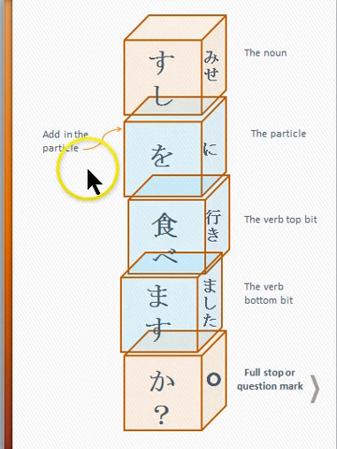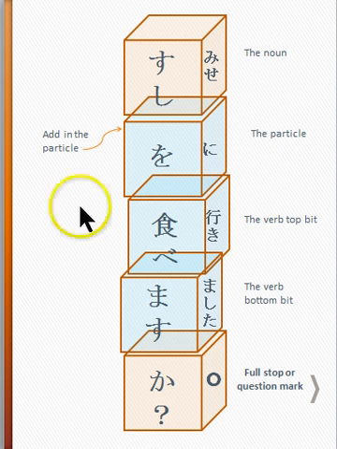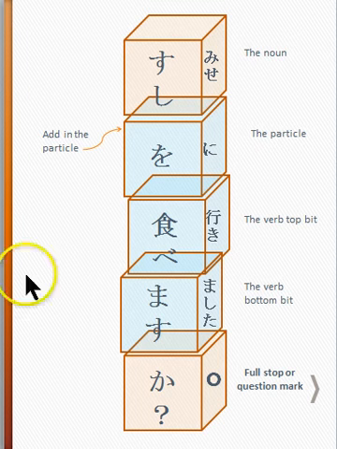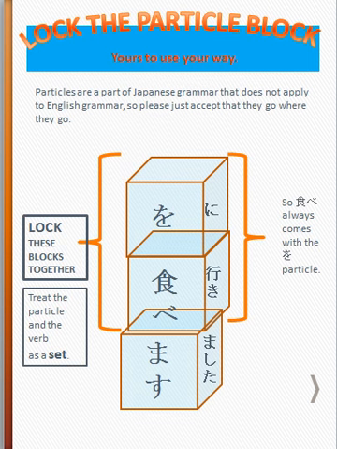The first one is o and the second one is ni. After we look at how the particle works, we're going to add the noun on top, so we're building it from the bottom up, and finally we're going to add the question mark or the full stop to the bottom of what will now be a full sentence.